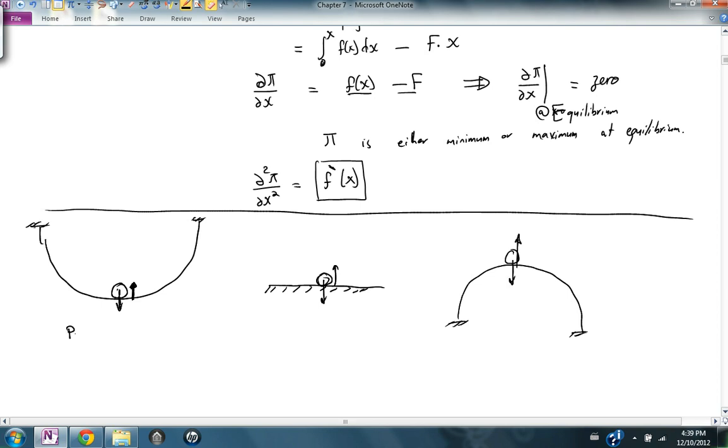Here, the potential energy at equilibrium is minimum. And if I try to move this away from equilibrium, I have to put energy into the system, and so the potential energy at equilibrium is minimum, and so the system is stable.